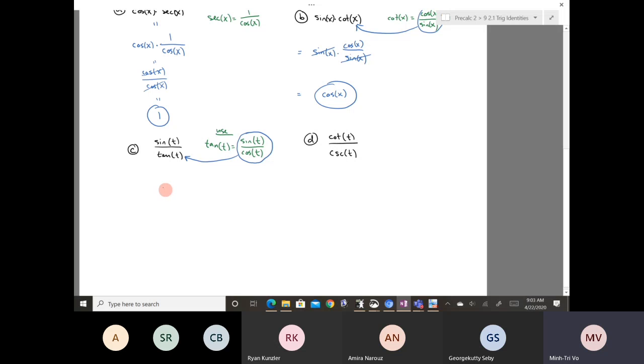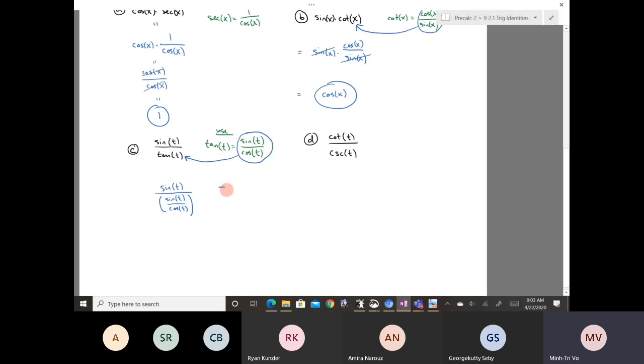So let's write it out. Sine divided by sine over cosine. But then I have a fraction inside of a fraction, so what should I do about that?